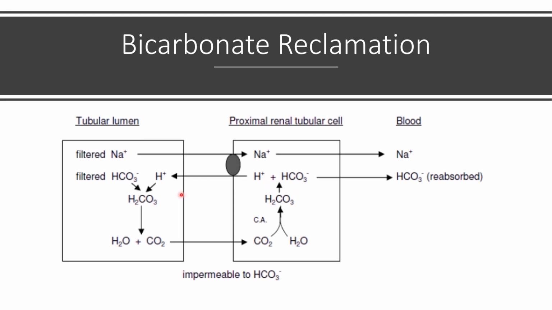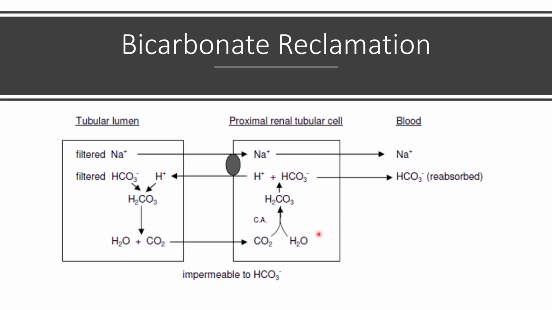So for every bicarbonate filtered, there is one equal unit of bicarbonate that is reabsorbed. Meaning that when bicarbonate is filtered through the tubular lumen, it is reabsorbed back into the body through this process that we call bicarbonate reclamation.